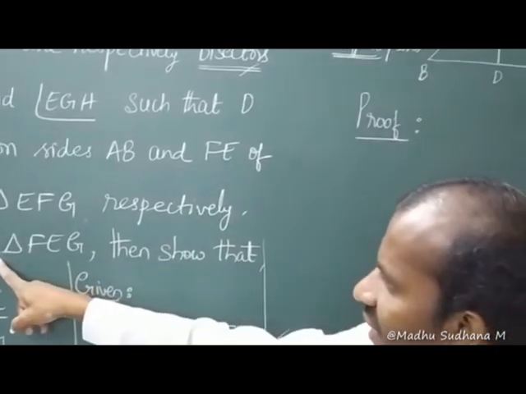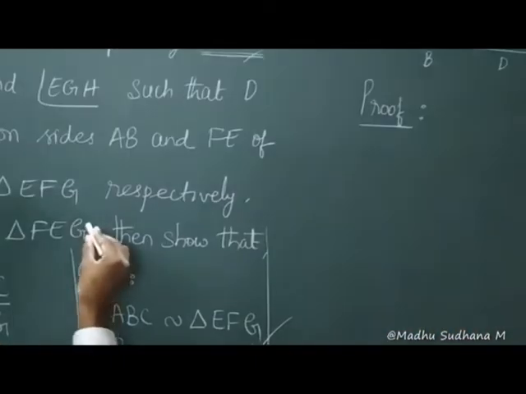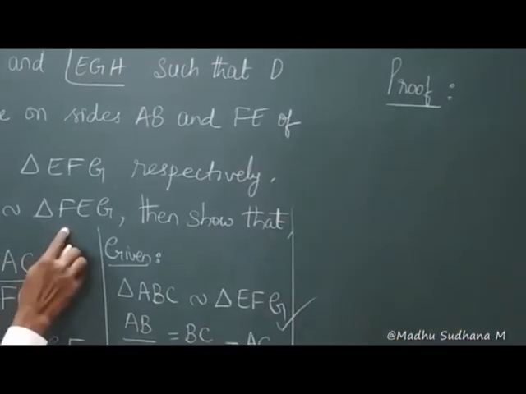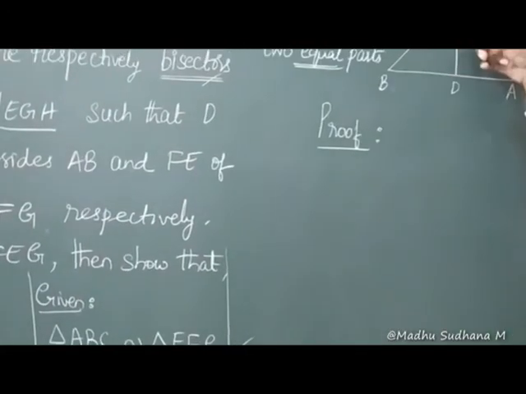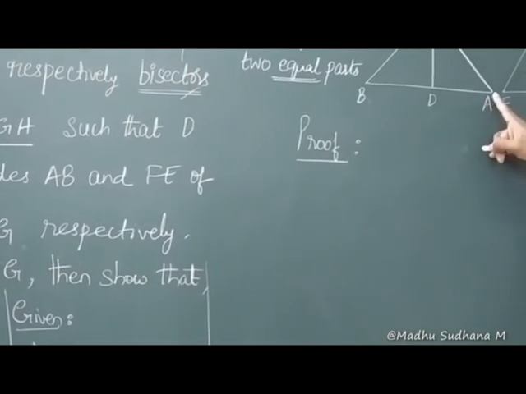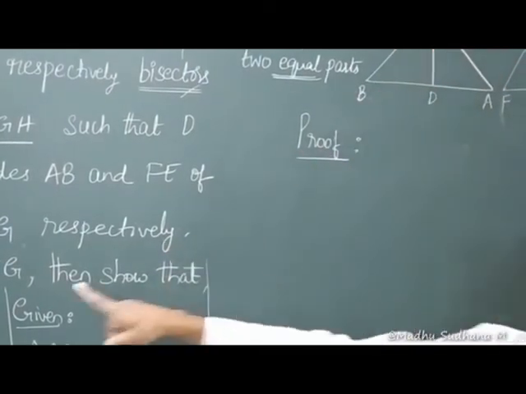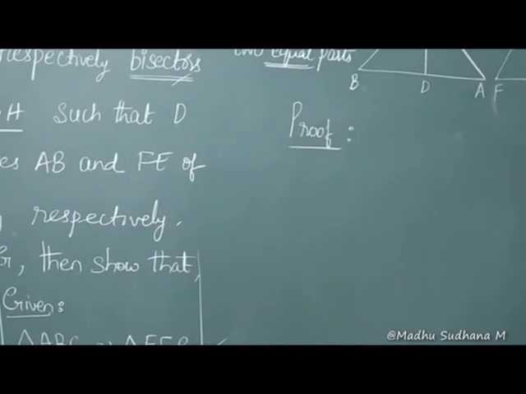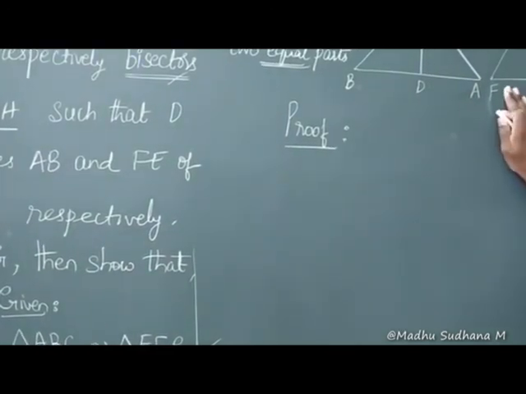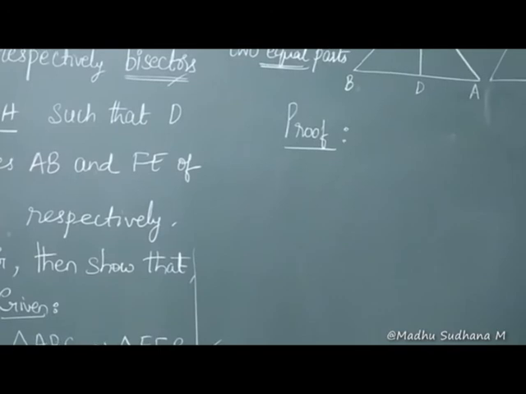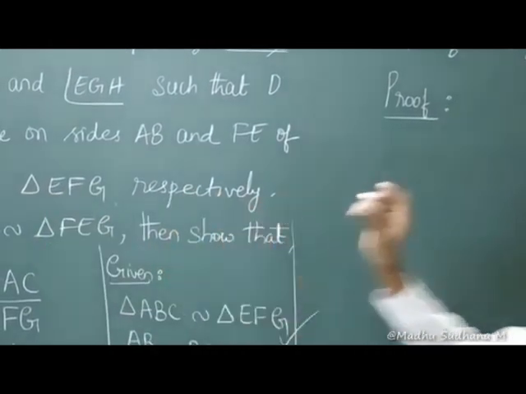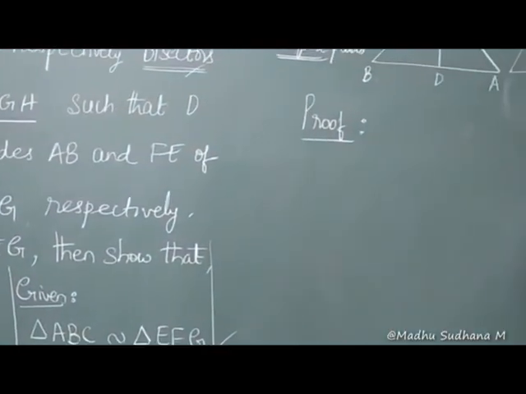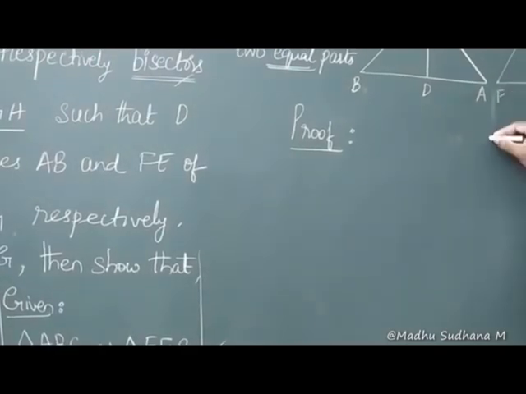So if triangle ABC is similar, this is given in the question, right? Triangle ABC and triangle FEG, corresponding A to B to C, and here it is FEG. We have written EFG, so we need a correction here. Please understand why I am correcting this. For ABC and triangle EFG, if I write E and FG, this was right.